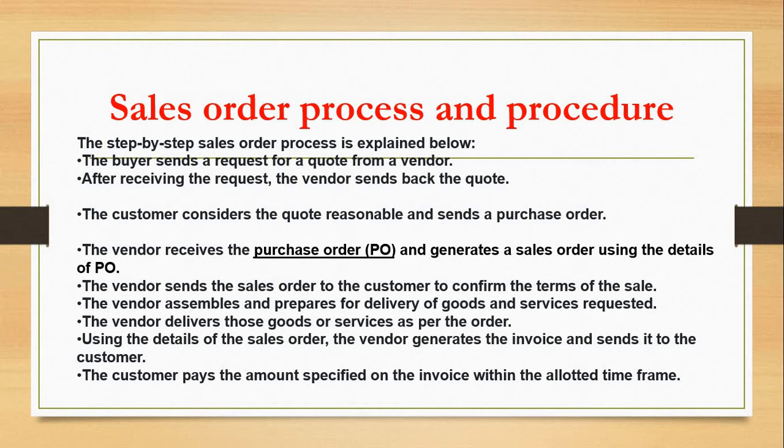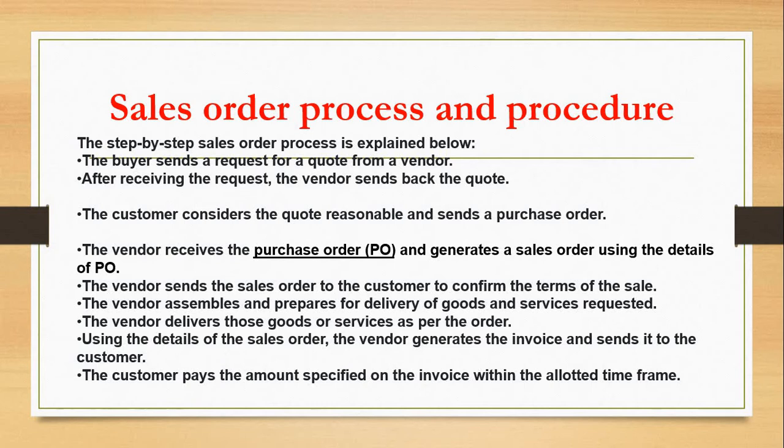Using the details of the sales order, the vendor generates the invoice and sends it to the customer. The customer pays the amount specified on the invoice within the allotted time frame. So these are the sales order, components of a sales order, and sales order procedures and process.